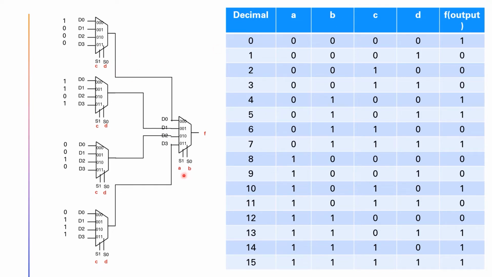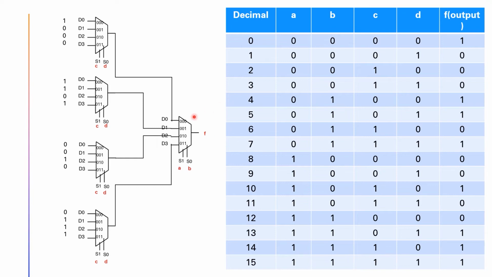For the second stage, the input selectors will be a and b, which are the most significant bits. For the first stage, the input data will be the bits of the f variable, and the output here will also be represented as f.